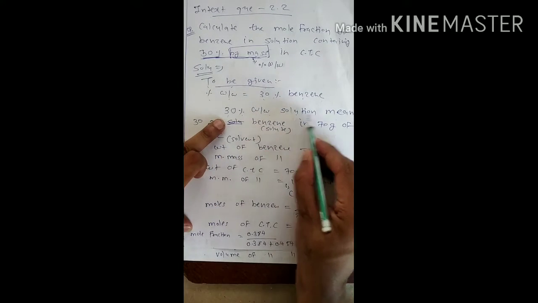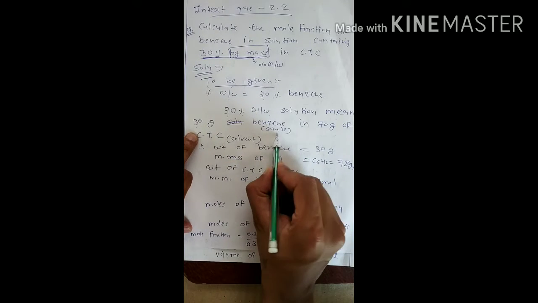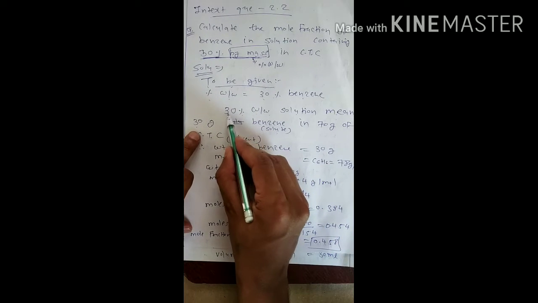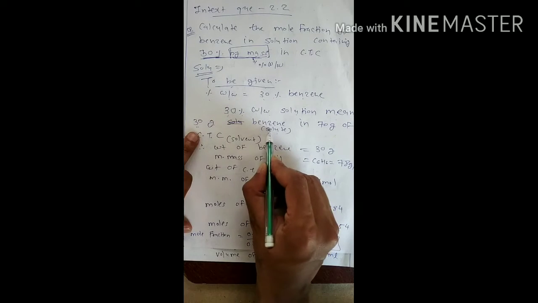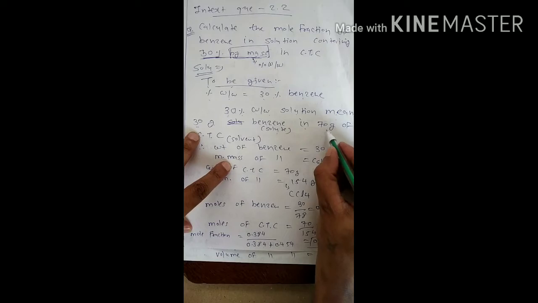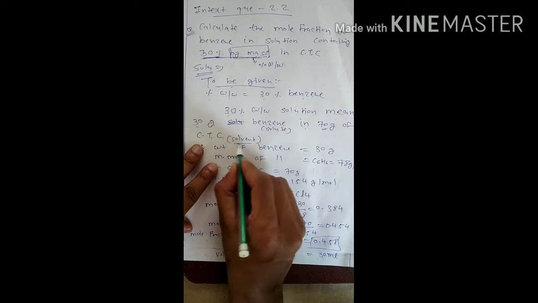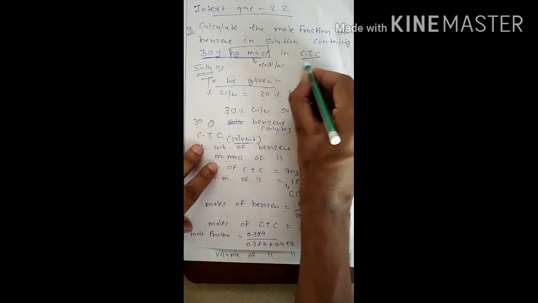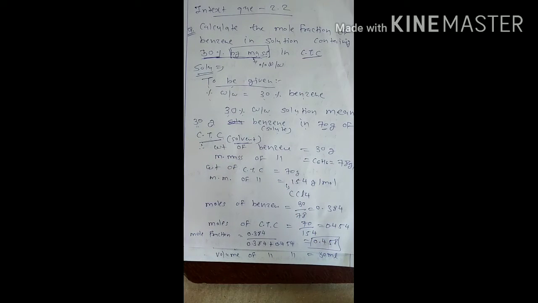30% weight by weight solution means 30 gram of benzene, means solute. Take as many grams as the percentage given. 30 grams of benzene in 70 grams of carbon tetrachloride, means solvent. Which solvent is given ahead? Carbon tetrachloride. So I have written CTC.